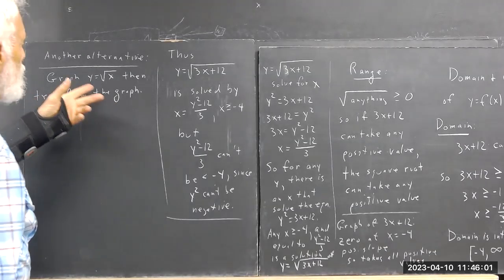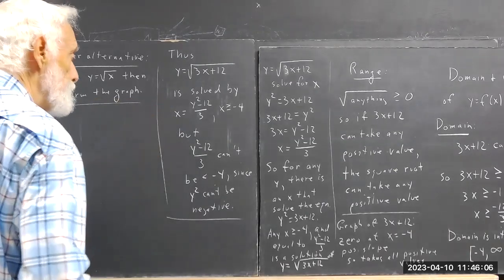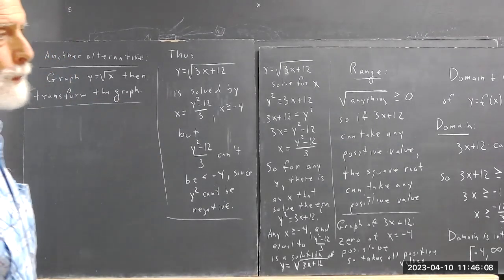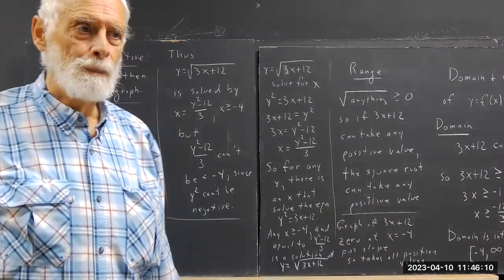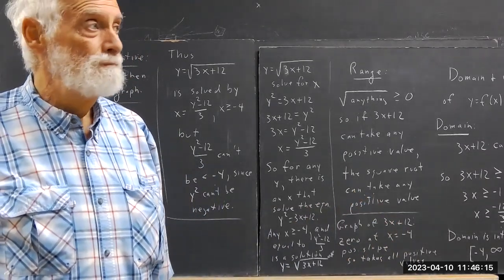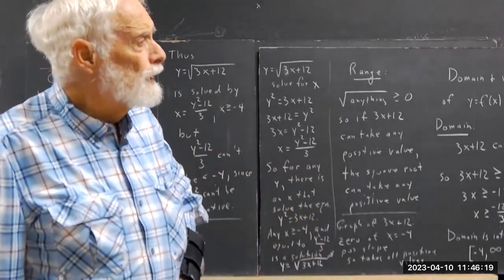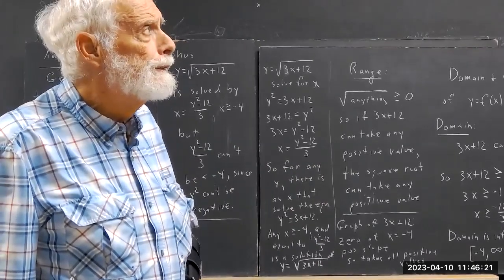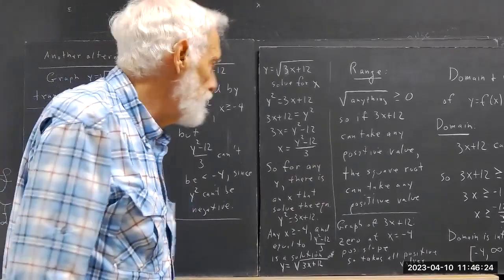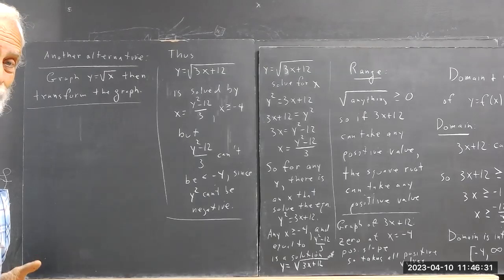How do we graph y equals square root of x? I can tell you to go ahead and make a table and use your calculator to calculate some of the values. Anyhow, I'm going to tell you that's not how we graph the square root.